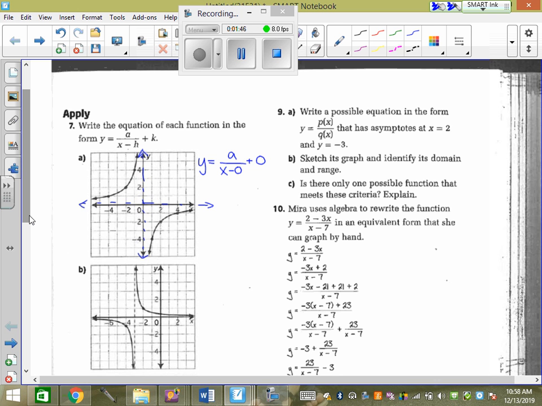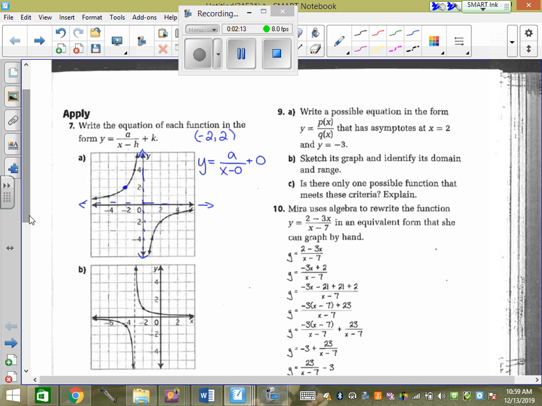But now we need to solve for a. How have we always solved for a? Yeah. Pick a point on the graph. And I always pick a bolded point. So it's at -2 and 2.